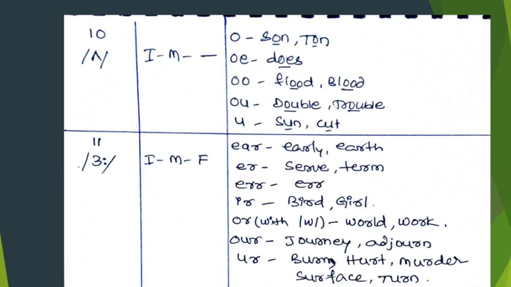And then this one. This happens initially, medially and finally. This is also represented with EAR, early, ER, serve, ERR, IR, bird, OR with the WA sound, world, OUR, journey, UR, B-U-R-N, burn.